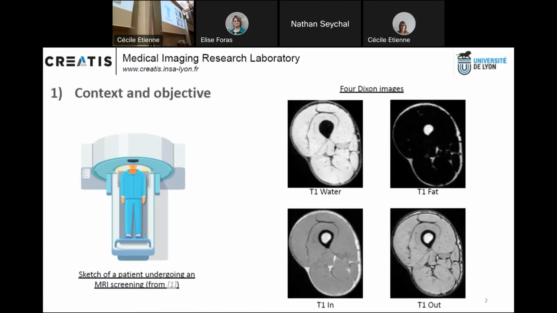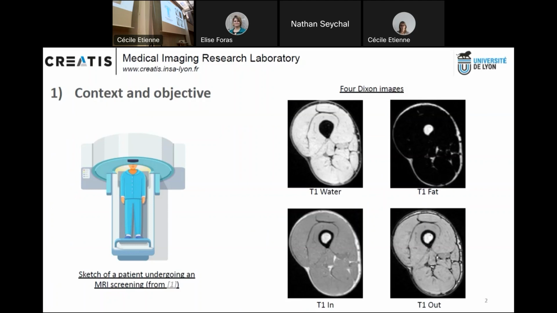When a patient undergoes an MRI screening, a magnetic field is applied on the desired part. And thanks to this procedure, we can get different types of images. In particular, with a method that's called the Dixon method, we get 4 types of images that will put forward different information in the biological tissue.